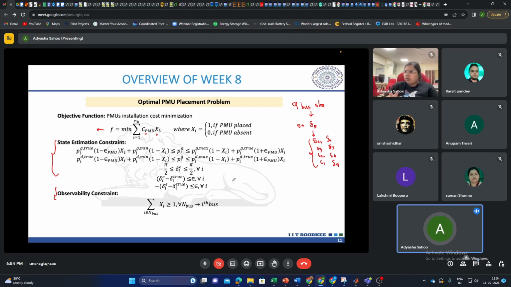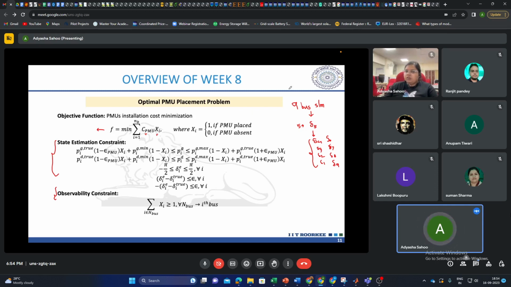We want real-time monitoring of the large area. So we are trying to find how many PMUs we need to install in an area, so that from those points we'll get the most accurate measurements, or the true values. From these true values we'll compute the state of the system for all other buses. If you can do that, then the system will be observable. Otherwise, our motive is not being fulfilled.